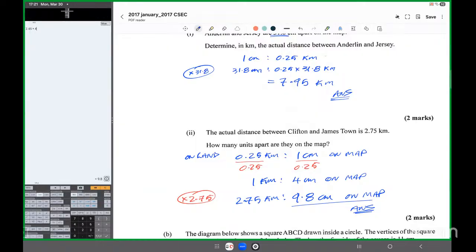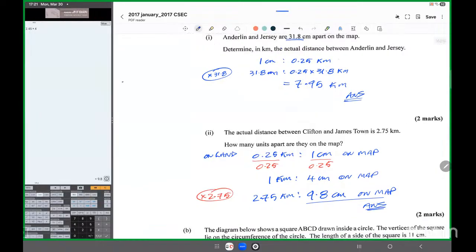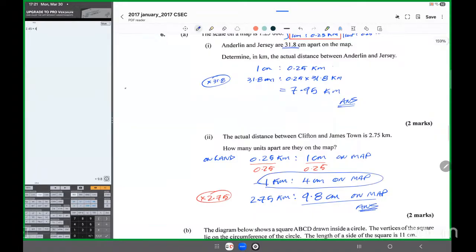Okay? I'm multiplying the ratio now by 2.75 because I want the kilometer side to become 2.75. So I multiply the whole ratio by 2.75. So when this part becomes 2.75, I know what this side is. So I'm basically multiplying the 4 by 2.75. It's over here on the screen. Oh, it's 2.45 I put. That's a mistake.